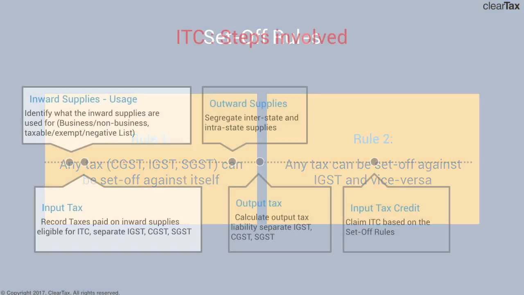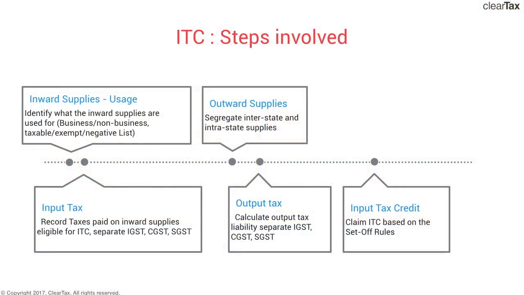With this, we can form the steps involved in input tax credit claim. First, you have the inward supplies. You identify what inward supplies are used for what: business, non-business, taxable, exempt or negative list. Based on that, you would know on which of these inward supplies you can claim input tax credit. So you record the taxes paid as eligible for ITC and separate them as IGST, CGST and SGST.